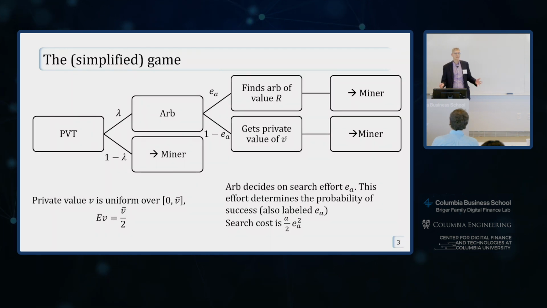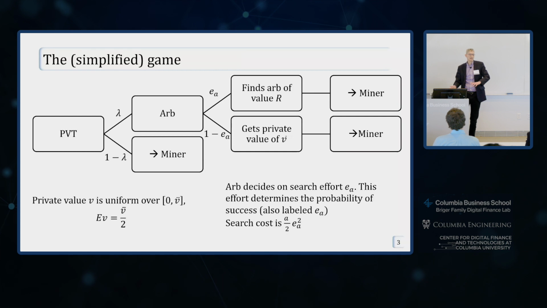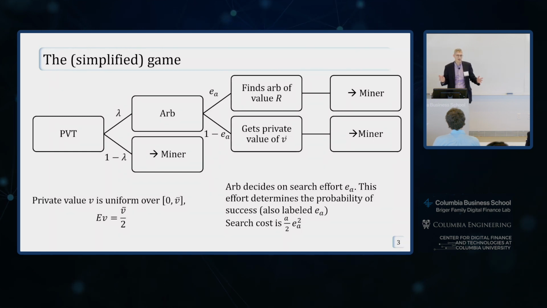In the simplified game, the day starts with one private value trader being drawn, and then with probability lambda, an arbitrager arrives. Now, this arbitrager is not all set and ready to go.